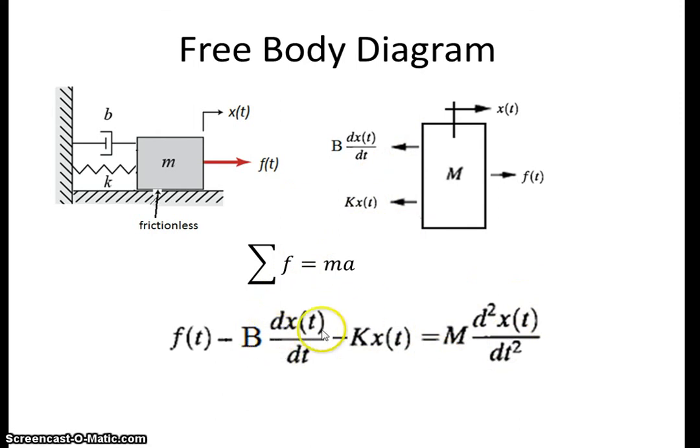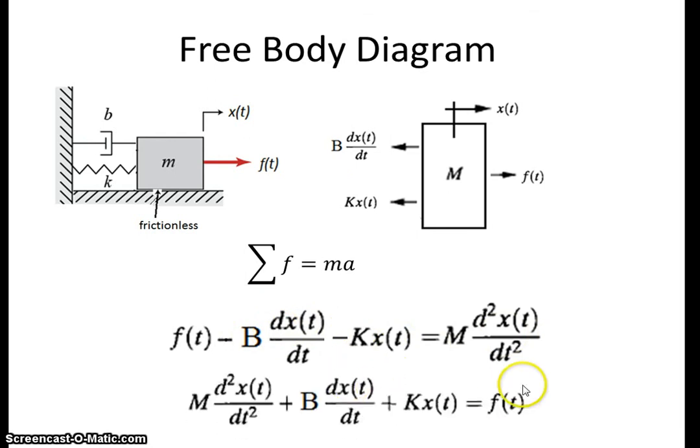And putting all the negative terms to the right side will make these two terms positive. Therefore, rearranging it, we will have this as our model equation, or we call it the differential equation.